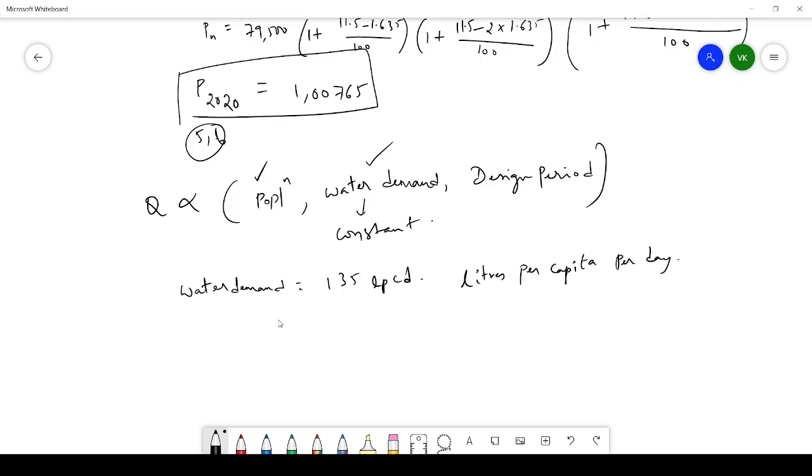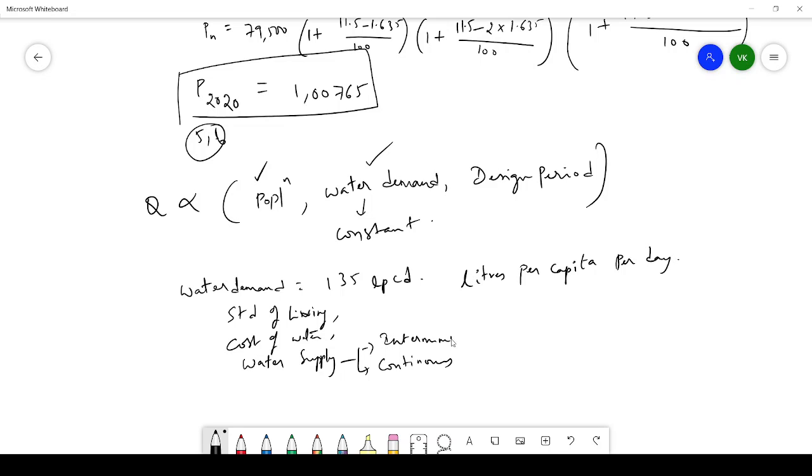Generally, water demand will depend on many factors, right? Depending on the standard of living, cost of water, and the type of water supply, whether it is continuous supply or intermittent supply.